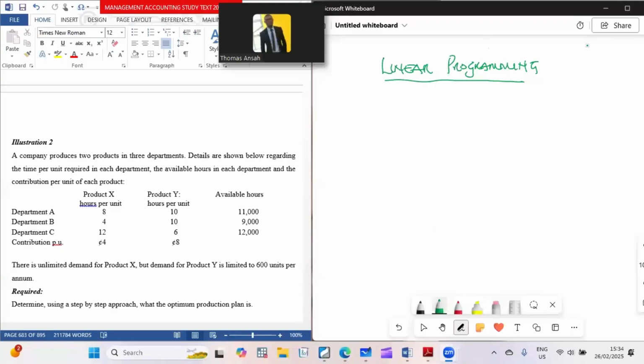All right, so let's continue. So we said that in linear programming, step 1, we need to define the variables. Now, what is the variable?